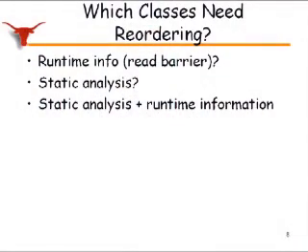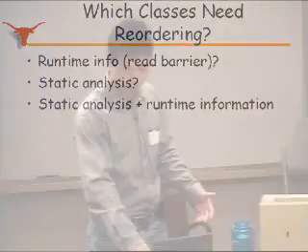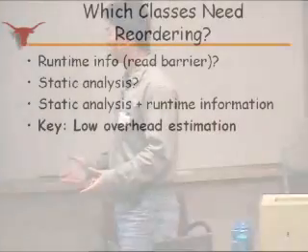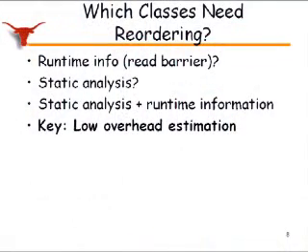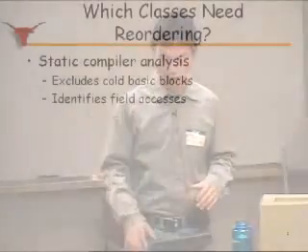But it's really hard to predict field accesses at runtime just by static analysis. So our algorithm combines those two, using both static analysis and runtime information. The goal is to have a very low overhead estimation.